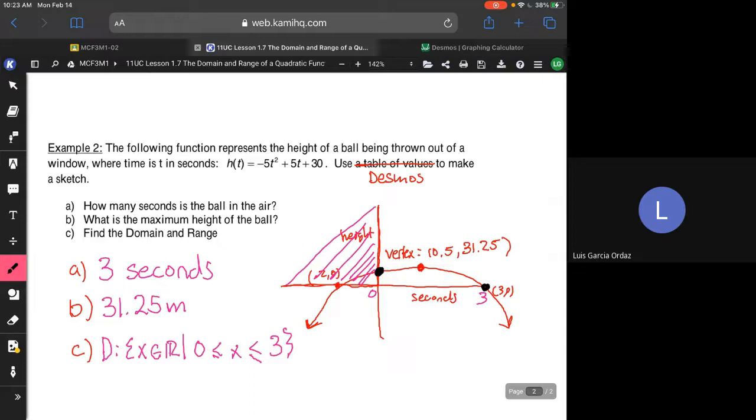Now I have my range. So if we look at the range of the graph, it's going to be y ∈ R as usual, and there's going to be a restriction. What is my highest y value? What's the maximum that it hits? Ashton.